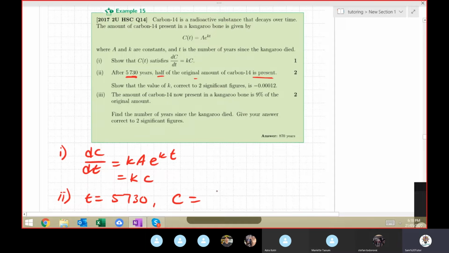Half of the original amount. Azra, do you have an idea? Half A e to the power KT? Close. It's just half of A actually. Oh, okay. Oh, yeah, that would make sense. A is the original amount.